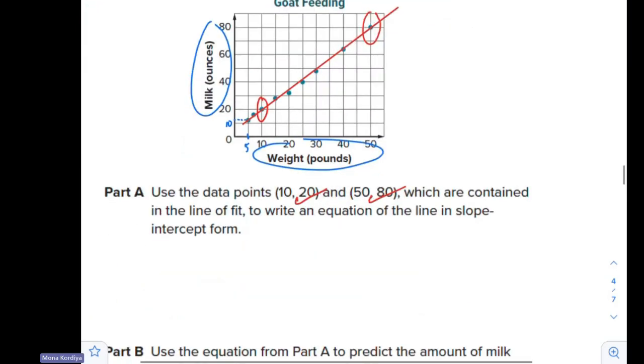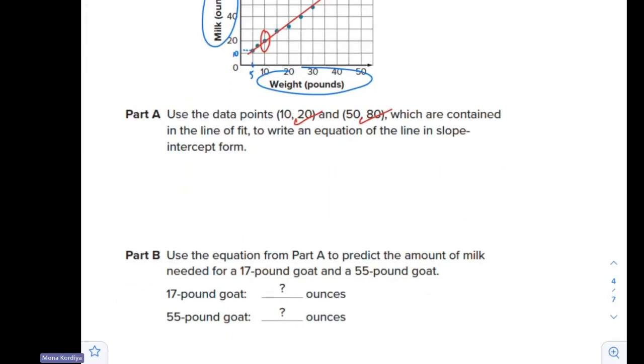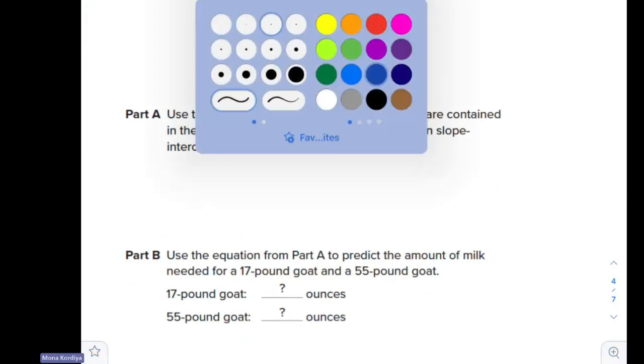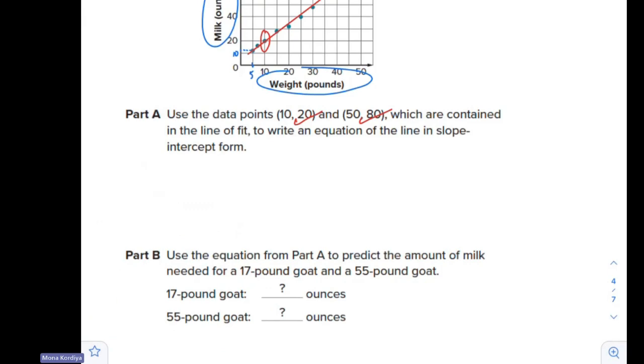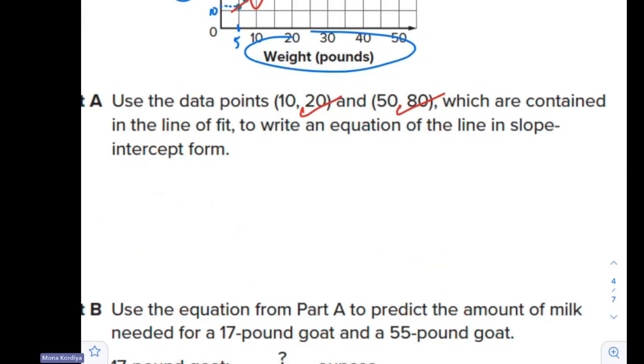How can we write the equation of a line? We will refer back to the old lesson that we have studied before. First step, you should know the equation of a line in slope-intercept form is this form. So you need firstly to find the slope. This is x1, y1, x2, y2.